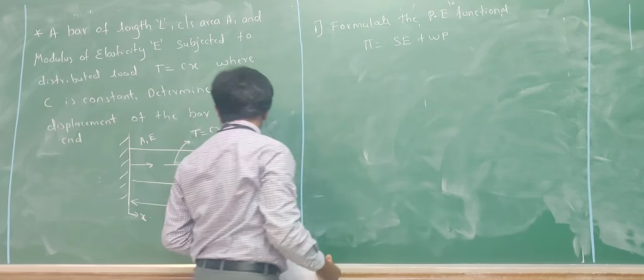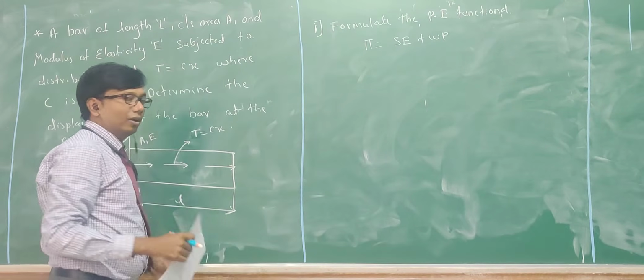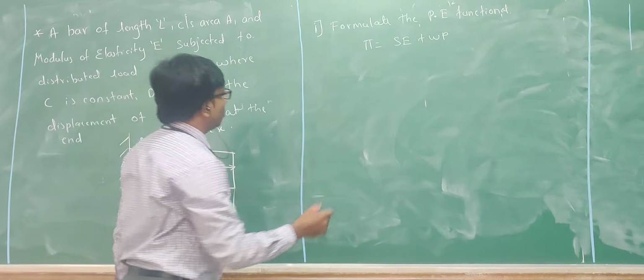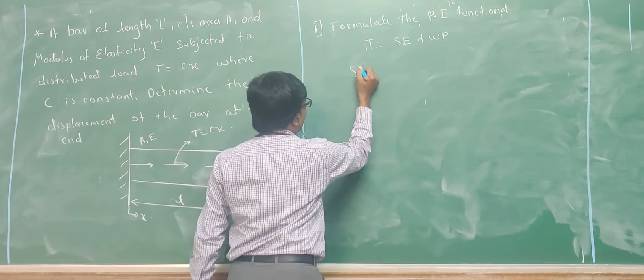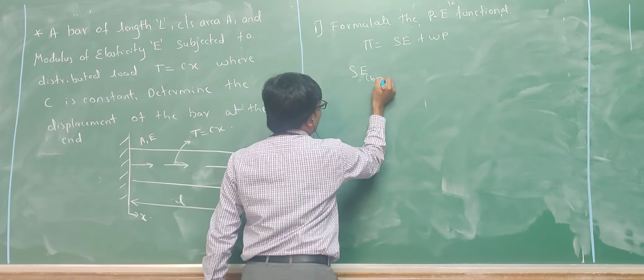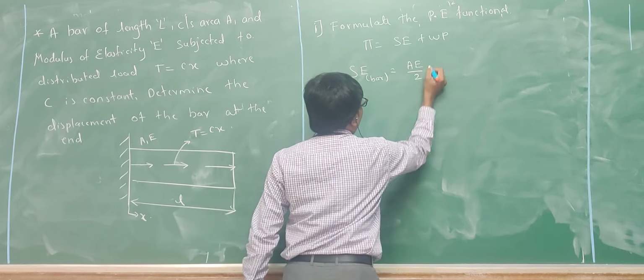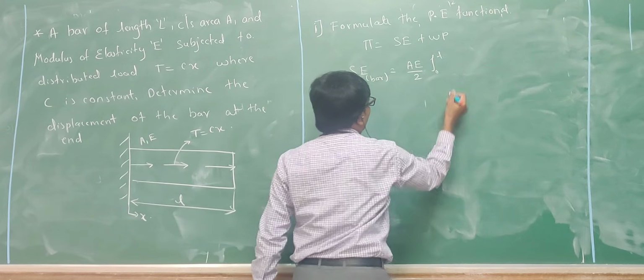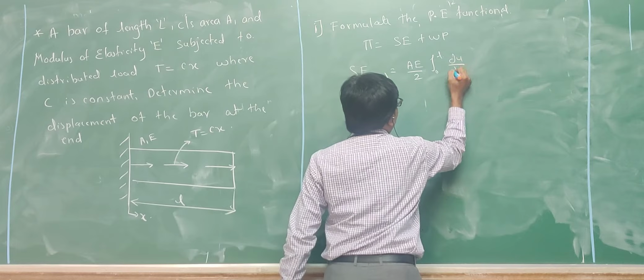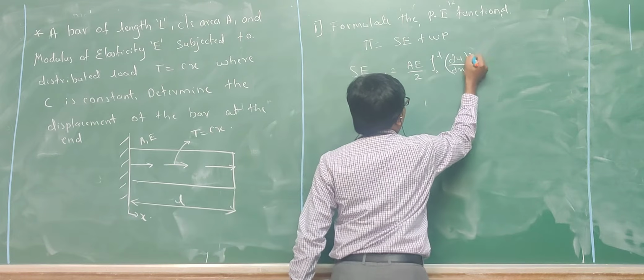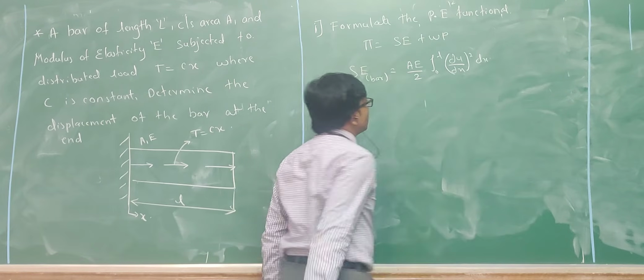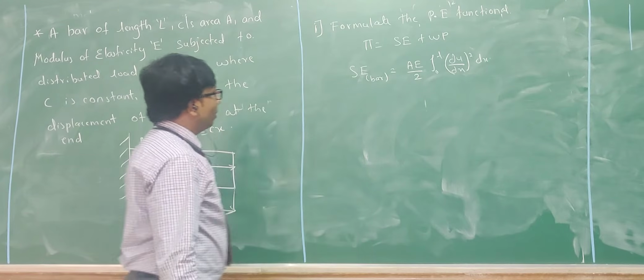As it is a bar, we have a common strain energy which you solved in the last class. The strain energy for a bar is given as AE by 2, integration 0 to L, of dou U by dou X the whole square, into dx. So this is the strain energy for a bar.